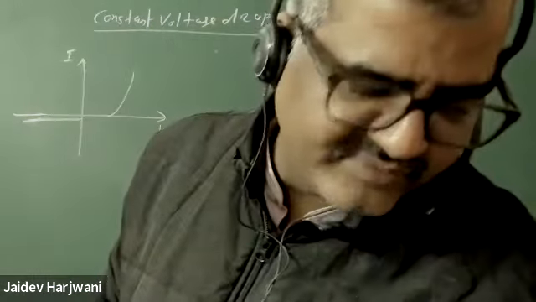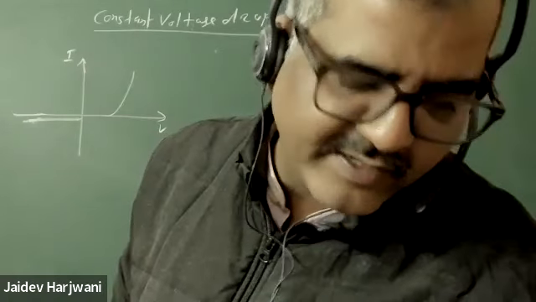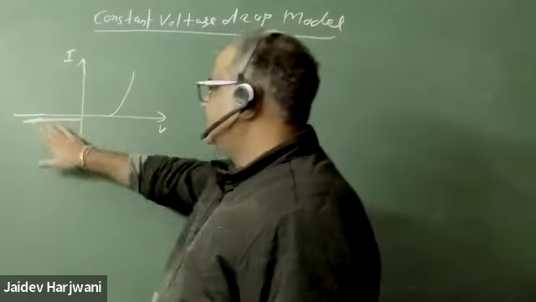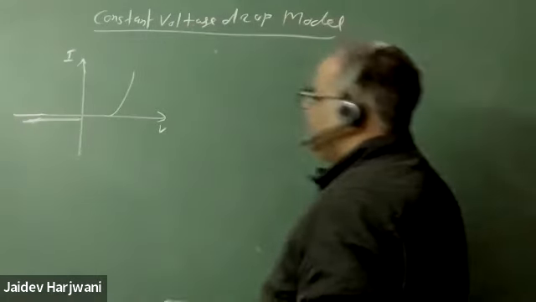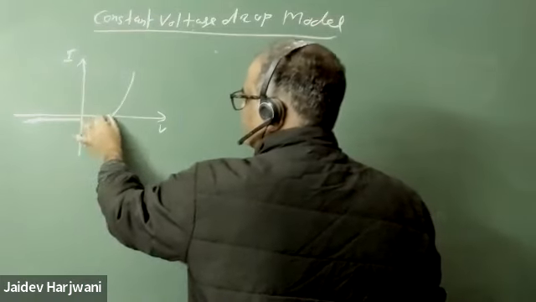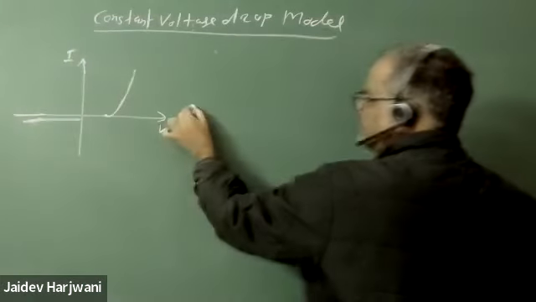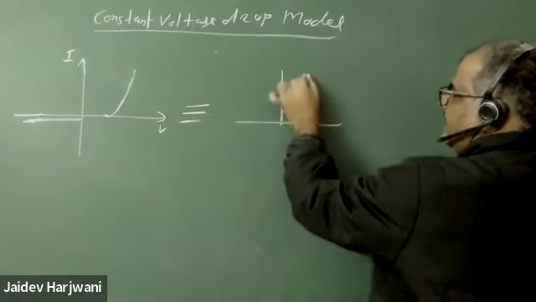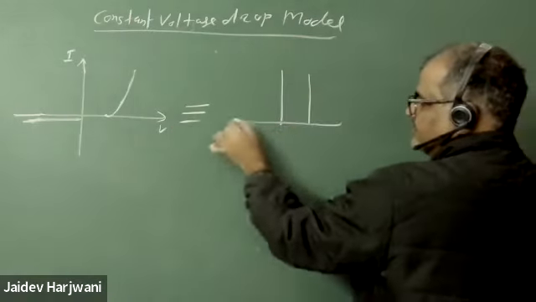That means your diode is in working condition, not working in breakdown. Now this model says here the current is exponential. So this IV characteristic can be approximated by this type of curve.